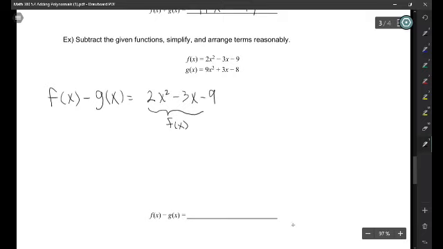And then minus, well, if you're substituting in g of x, it's an expression, you need parentheses. So minus parentheses, and then the expression for g, 9x squared plus 3x minus 8. So that's g of x.